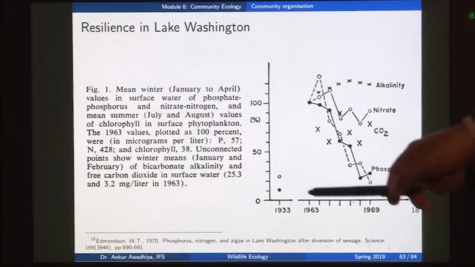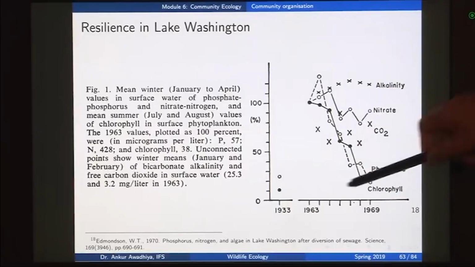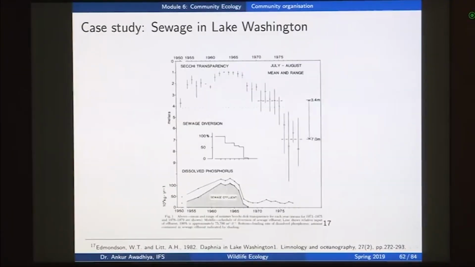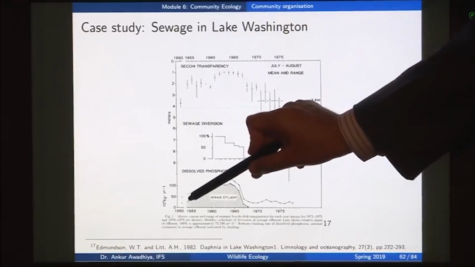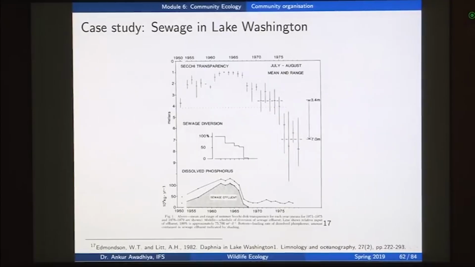If you look at the amount of chlorophyll, it has roughly come down to the same level as was there before the sewage was put into the system. Remember that we had started putting in the sewage at this particular point of time, and it has come back to the earlier concentrations.